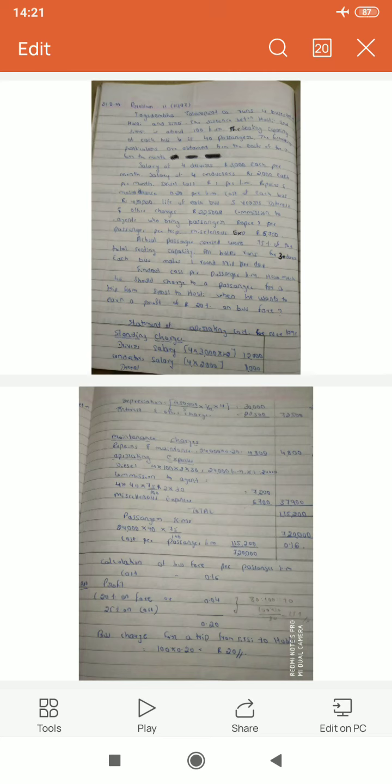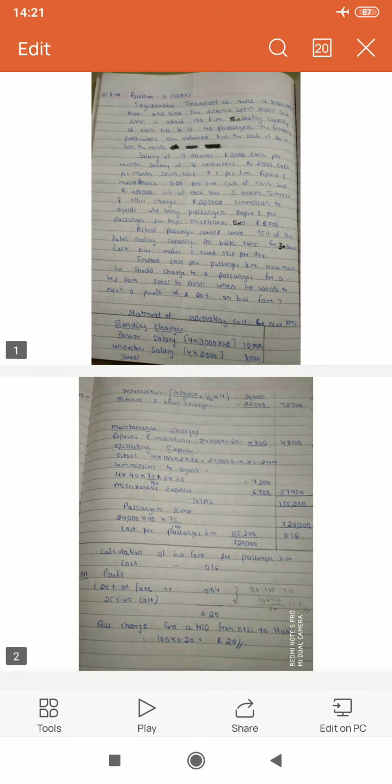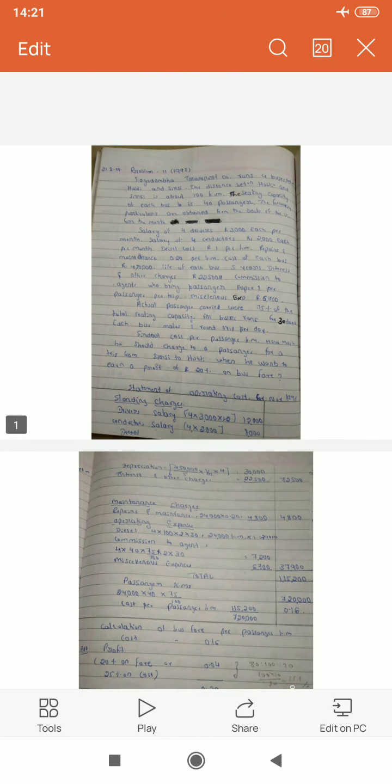Then interest and other charges rupees 22,500. So far as interest and other charges are concerned, it is the total amount of interest and other charges incurred by the operator who runs Jagadamba Transport Company Limited. Therefore, simply it is to be written as 22,500, because if it were given as rupees 22,500 per bus, it should have been multiplied by 4.